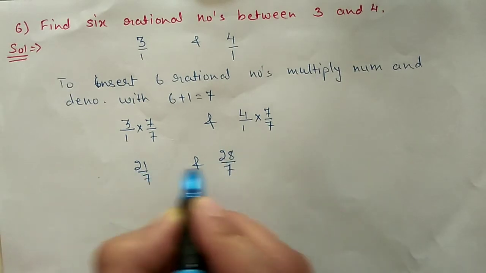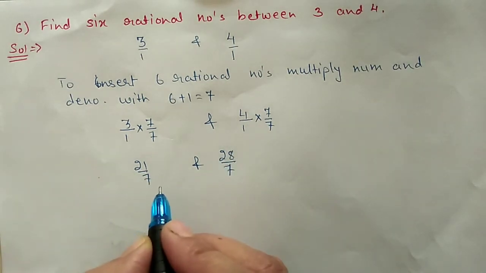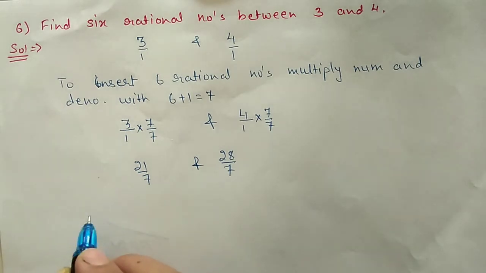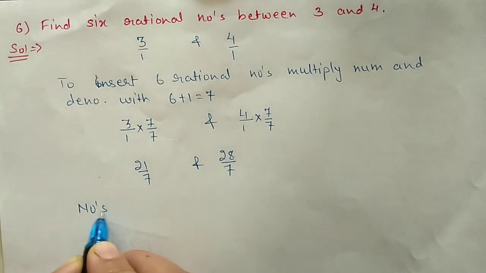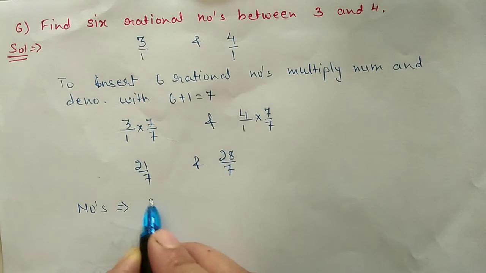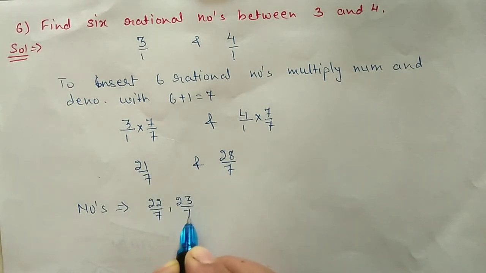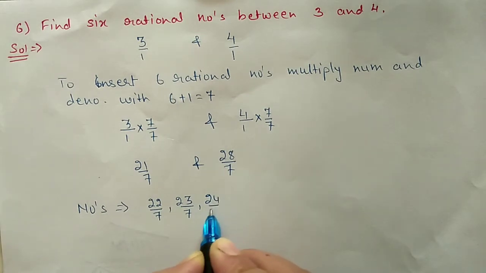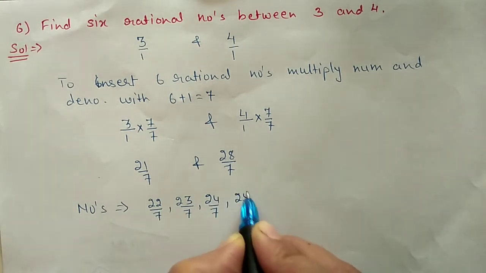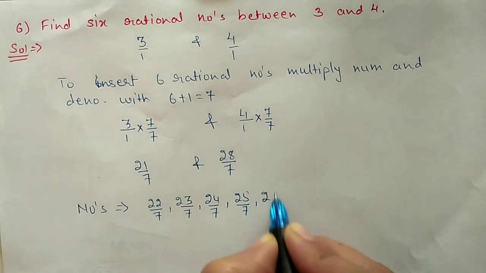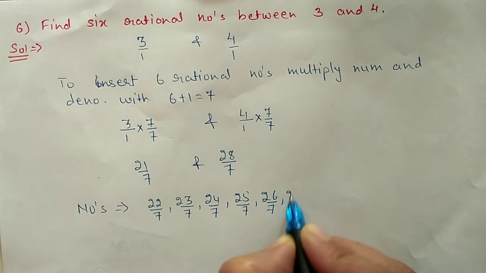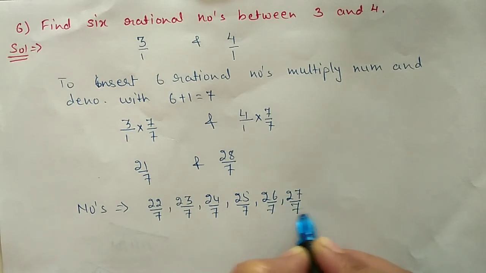Now in between 21 and 28 we can insert 6 numbers. So the numbers are, after 21 we will get 22 by 7, then 23 by 7, 24 by 7, 25 by 7, 26 by 7 and 27 by 7.